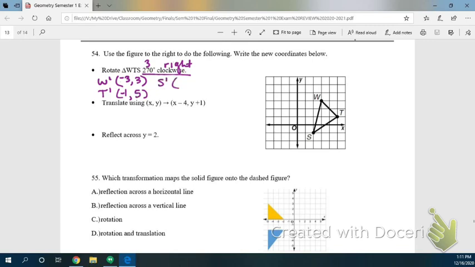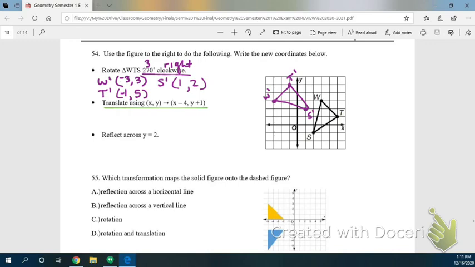And my S is 1, 2. When I graph those, negative 3, 3, 1, 2, and negative 1, 5. Don't forget to label. Very good.